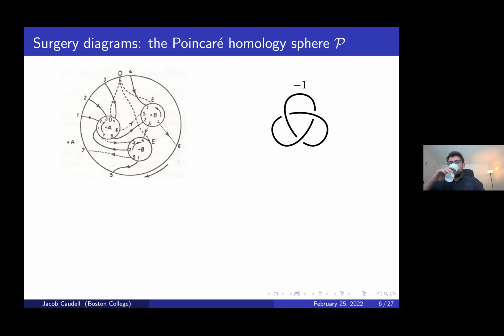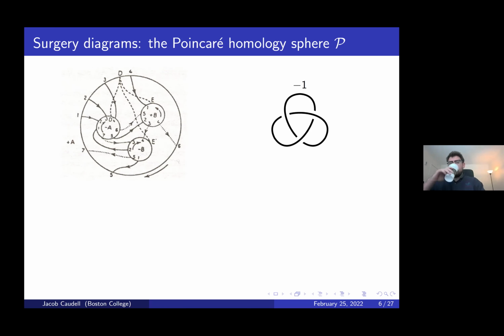And so that leads us to the first interesting theorem, or first interesting surgery. If I take a look at the diagram on the left, I'm thinking about performing surgery on the black components to get the Poincaré homology sphere. And then I have this red knot F that's living inside of the Poincaré homology sphere.